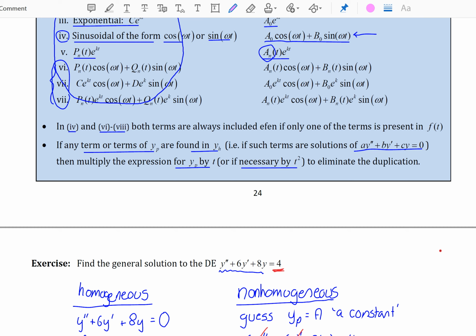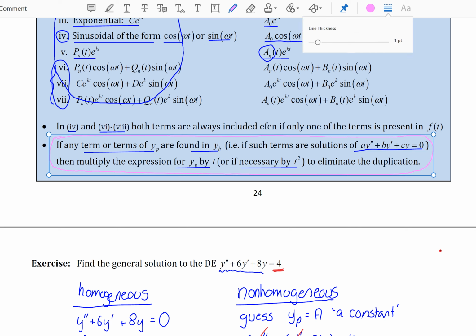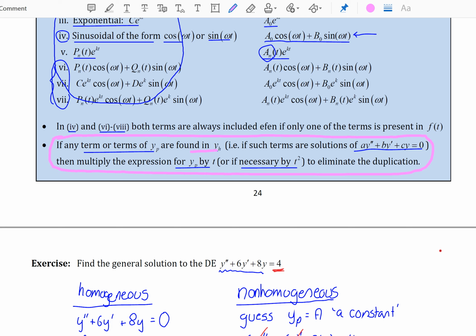And here I'm looking at this note. If any of the terms of yp are found in yh, i.e. if they're solutions to the homogeneous equation, you must multiply yp by a factor of t, or maybe t squared if necessary, to eliminate those duplications.